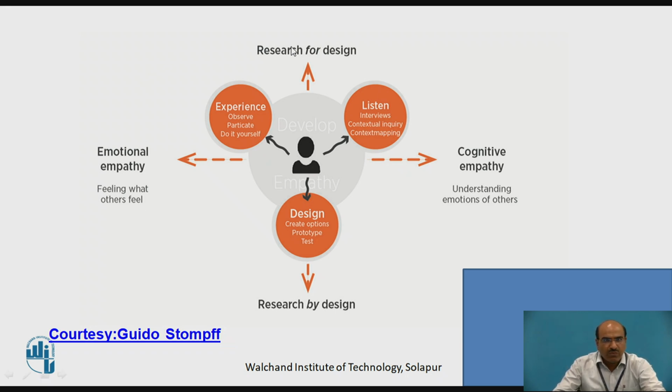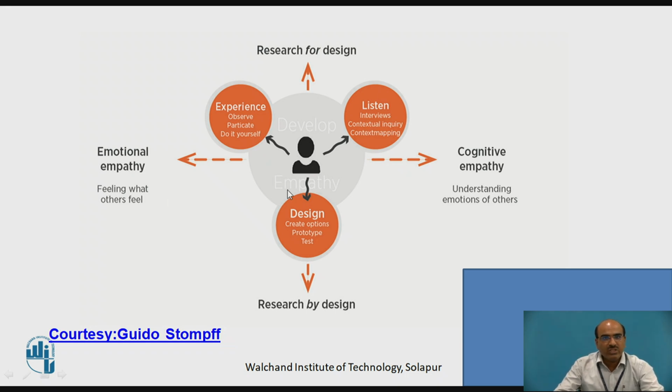Research for design comes at the top and research by design comes at the bottom. The three major categories we are highlighting here are design, listen, and experience. If you combine listening and design, this goes to the cognitive practices. If you combine experience and design, this goes to the emotional, that is the feeling way.